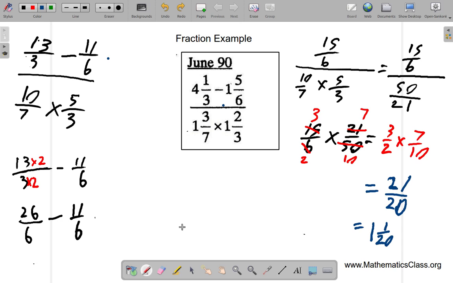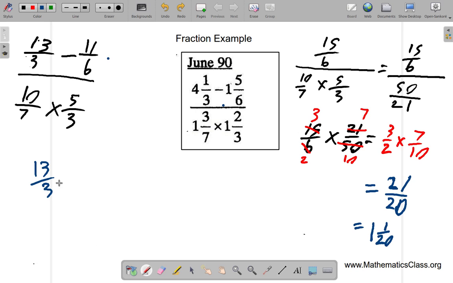This up here, even though we did it by using common denominators this way, let's quickly say 13 over 3 minus 11 over 6. Draw the line and find the LCM. It is 6. 3 into 6 goes 2. 2 times 13 is 26, minus 6 into 6 goes 1, 1 times 11 is 11. 26 minus 11 is 15. So it's 15 over 6.